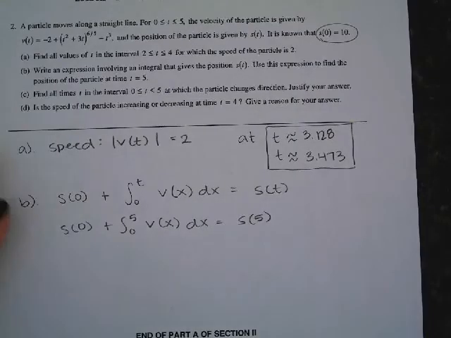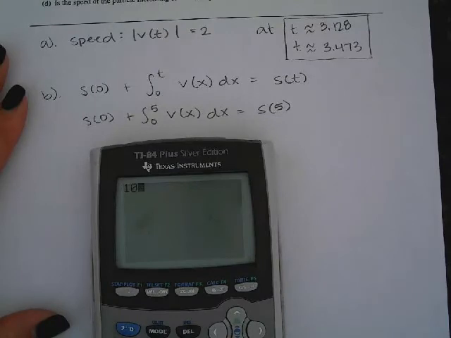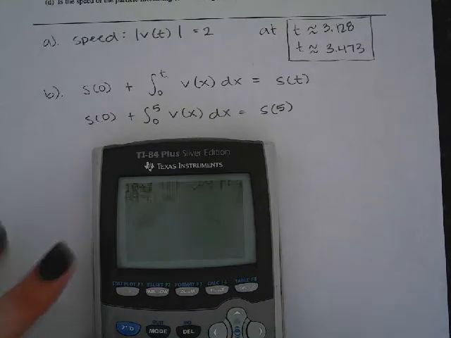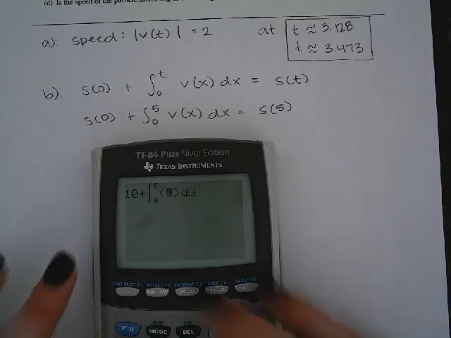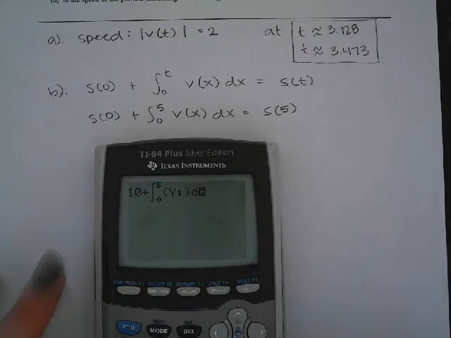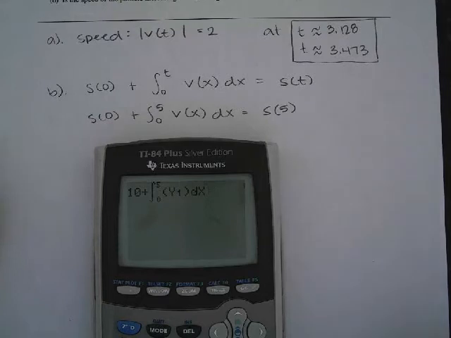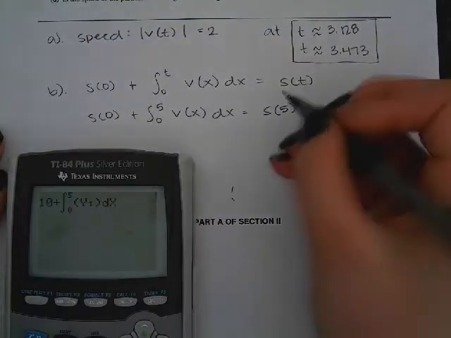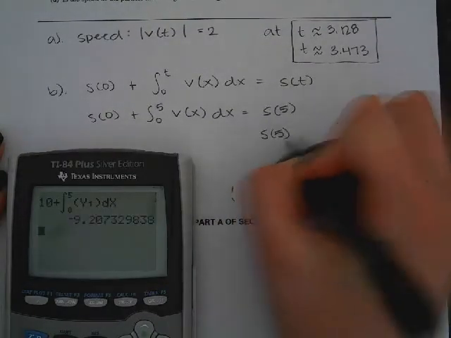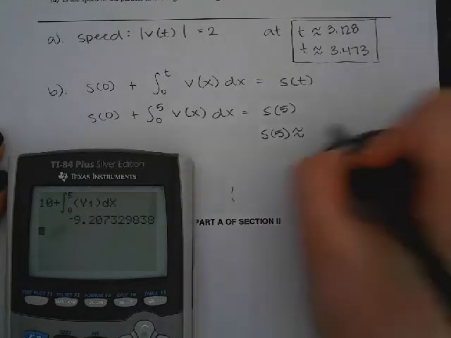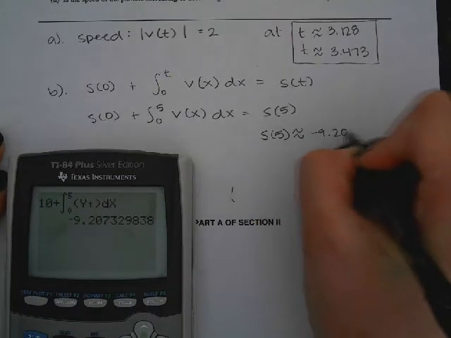Okay, so go back in here. I've got 10 plus the integral from 0 to 5, and then I'm using the velocity function that I have plugged into my calculator. So s of 5 is -9.207.